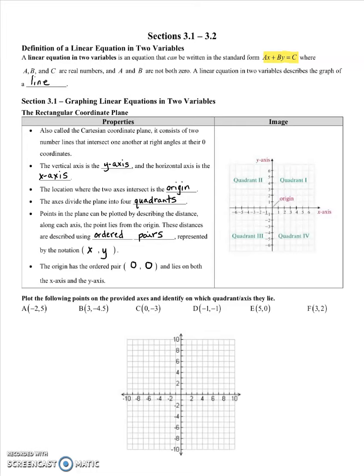So that tells us starting at the origin, we go to -2 on the horizontal axis, and then we go to 5 on the vertical axis. So the point is right there. And that's point A. Okay, which quadrant is that in? Well, remember, we start at the top right and move counterclockwise, so that should be quadrant 2.